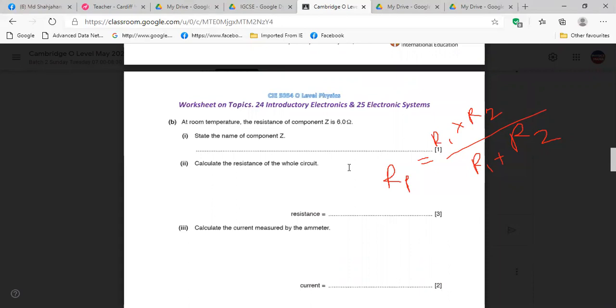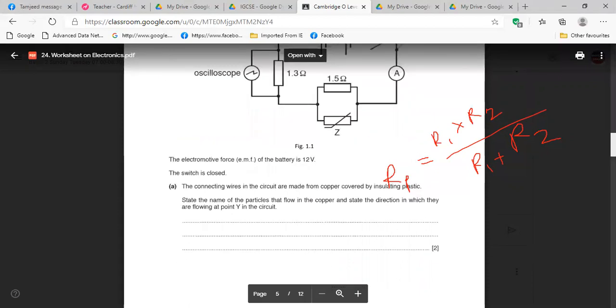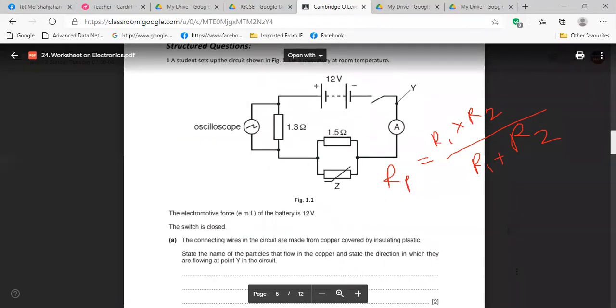Then calculate the current measured by the ammeter. Where is the ammeter given? Here. So you got the resistance, you got the voltage, so you can find the current, right? 12 by 2.5.